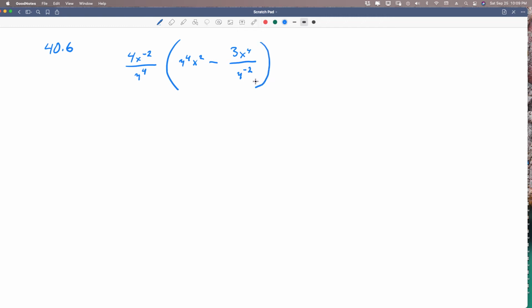Let me double check my numbers, make sure I have everything right. Yes. Okay, so I see that the first thing we need to do is put this over 1 and make it a fraction. Now everything's in the same format, we can proceed.